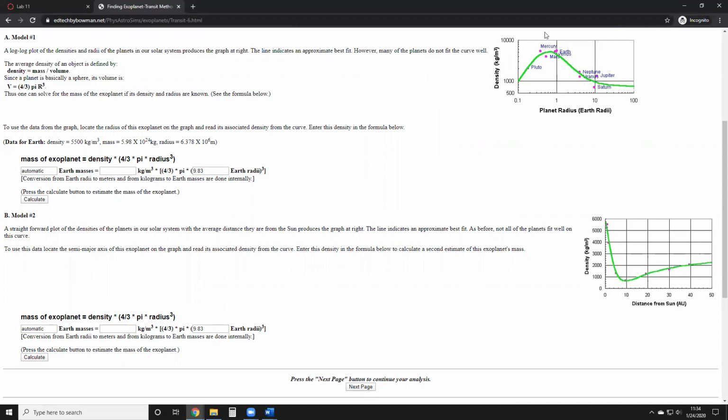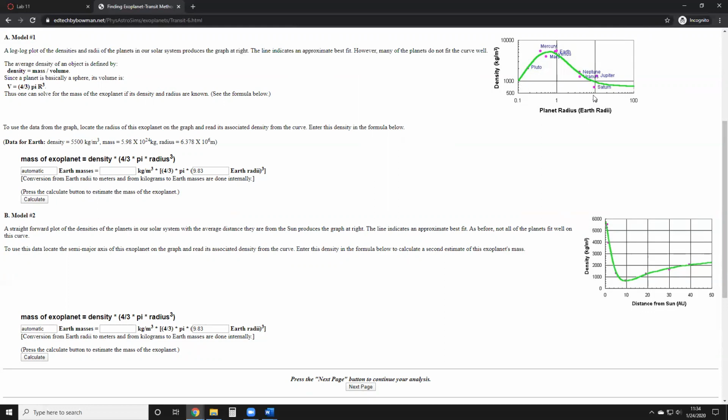Okay. Neither of these are complete models, okay? When I look at my radius of my planet versus my density, I know my planet's radius was almost 10, right, 9.83. And you can zoom in and make this bigger. I've done this already, so I'm going to just zoom up, and then I kind of read over.